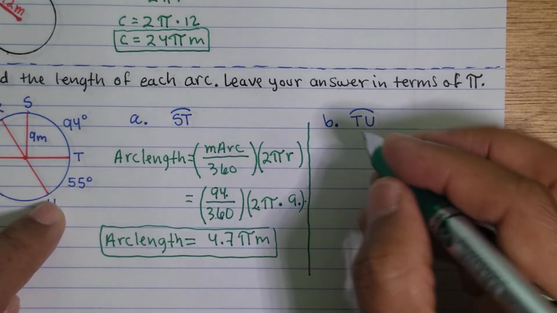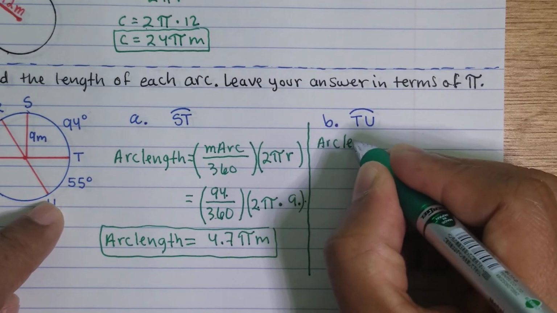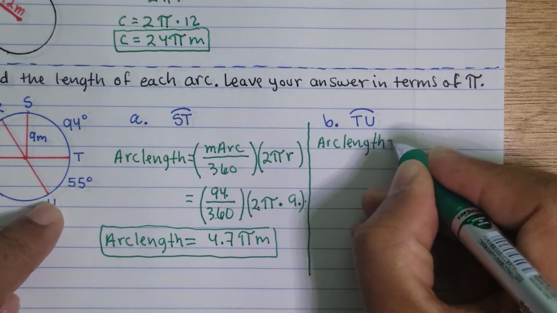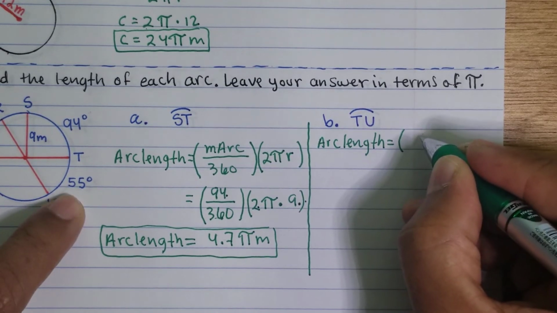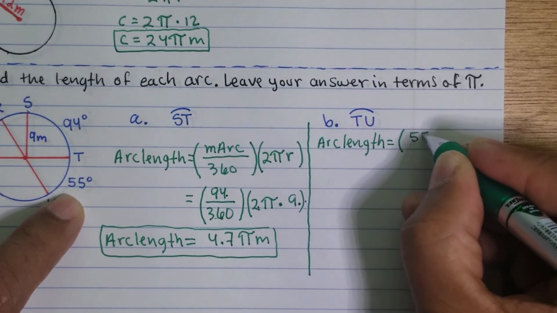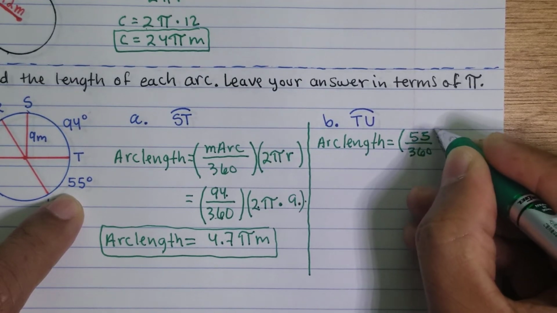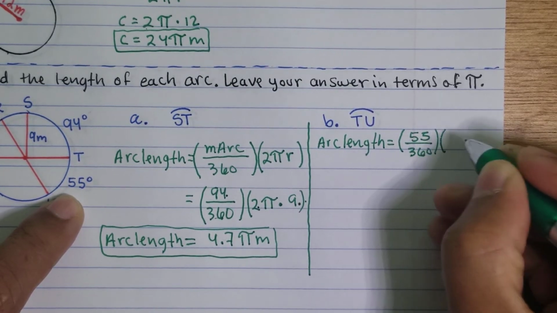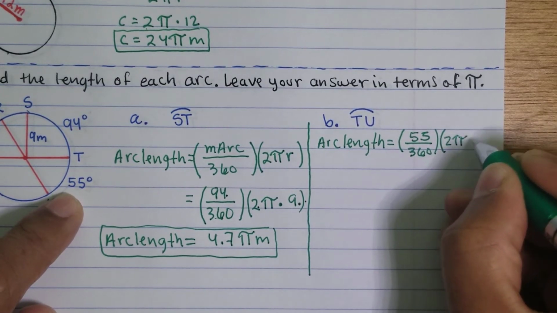So the arc length of TU is going to be equal to the arc, 55 degrees, divided by 360, and then multiplied by 2 pi times the radius.